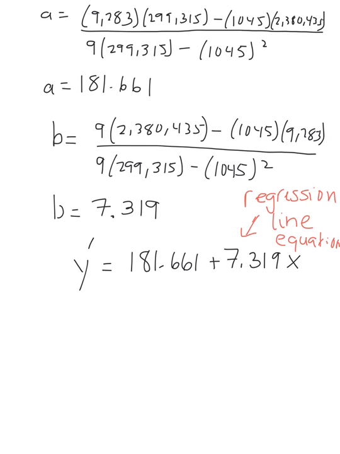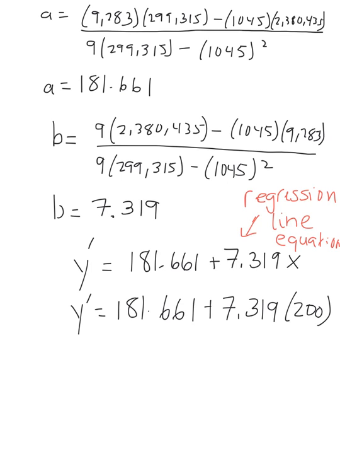So to find y prime when x equals 200, we're going to substitute 200 in for x. When you put that into your calculator, you'll get y prime is equal to 1,645.5.